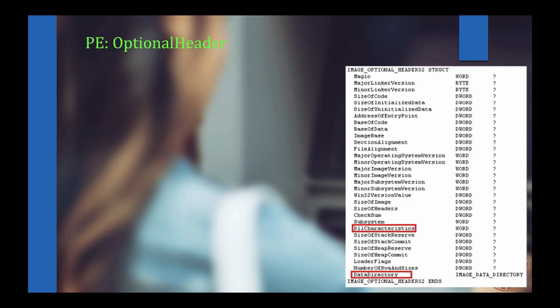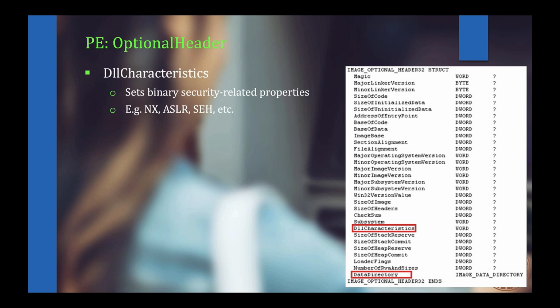And let's continue with interesting ones, DLL characteristics. This tells us the properties, for example, if this executable has properties for protection. This is very important for exploitation. These are protections for the binary so that it can be protected against buffer overflows and dynamic loading and structure handling.